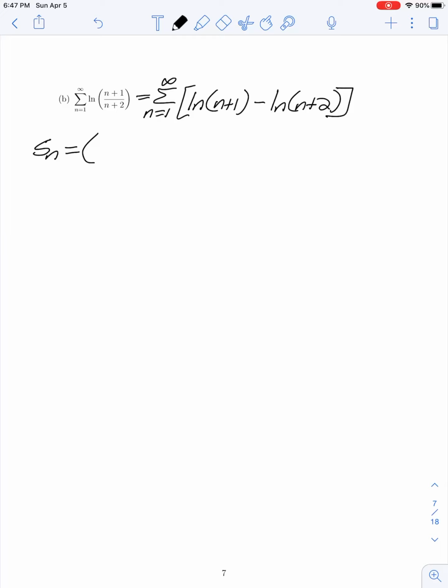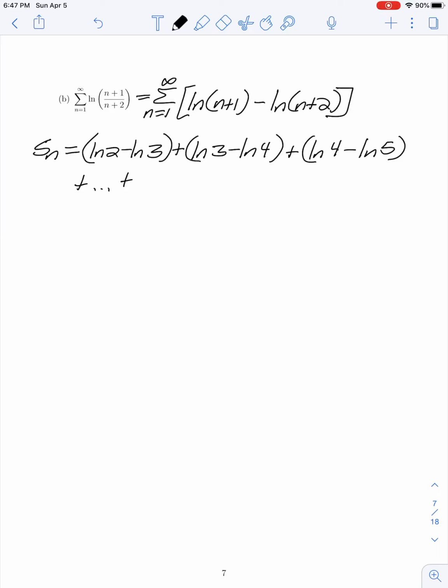So our first term in the nth partial sum would be, if we plug in 1 for n, natural log of 2 minus natural log of 3, plus, for the next term, if n is 2, we have log 3 minus log 4, plus, for the next term, we would have log 4 minus log 5, and so on, until we get to the nth term, which would be the natural log of (n+1) minus the natural log of (n+2).